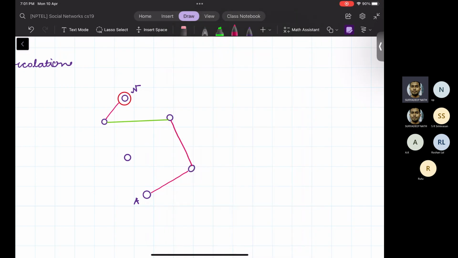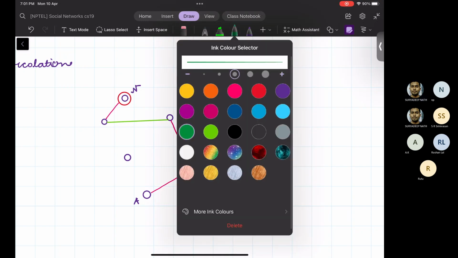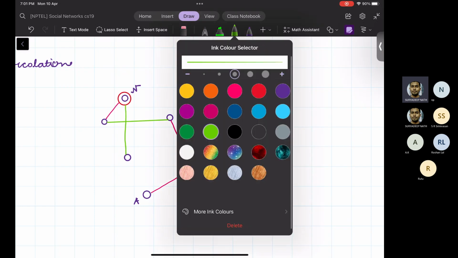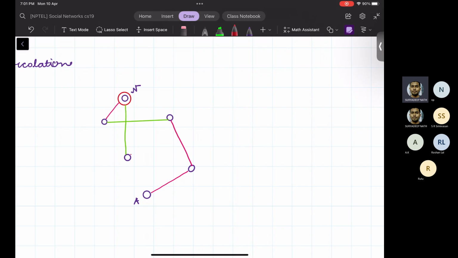Let's say there is an open edge from N to this node, then we have some closed edges here, something like this and something like this. So there is more than one path with one open edge from the infected node to A. In such a case, again, the disease won't reach A because of this red line.